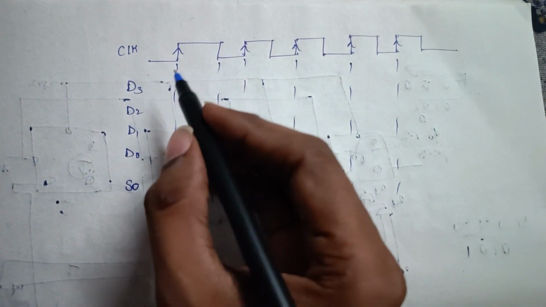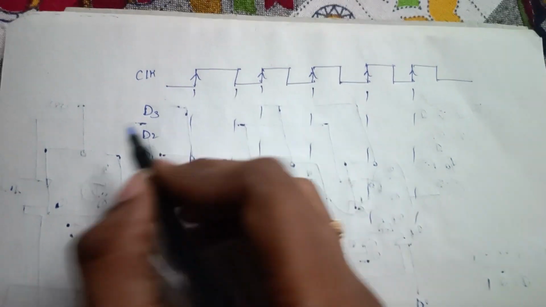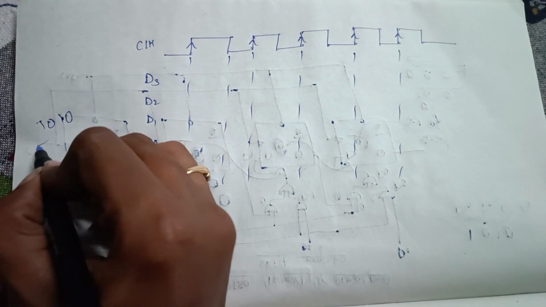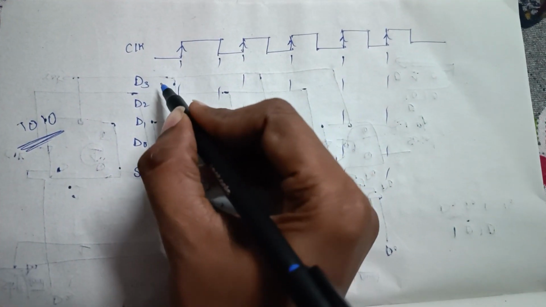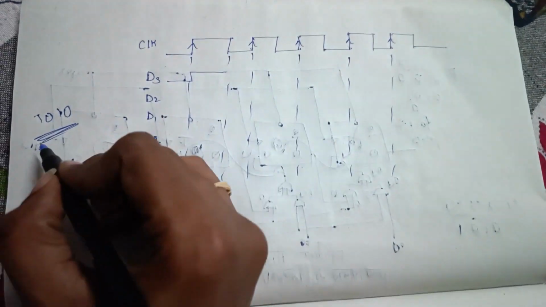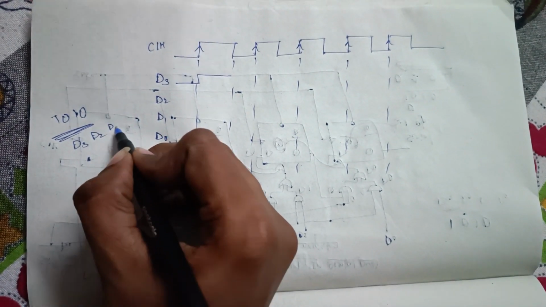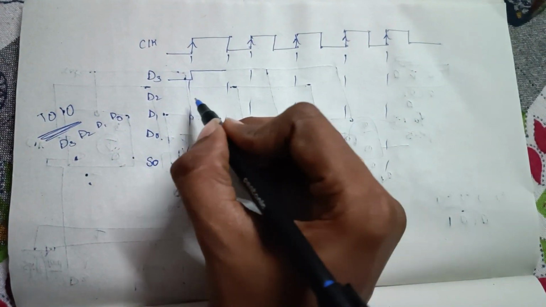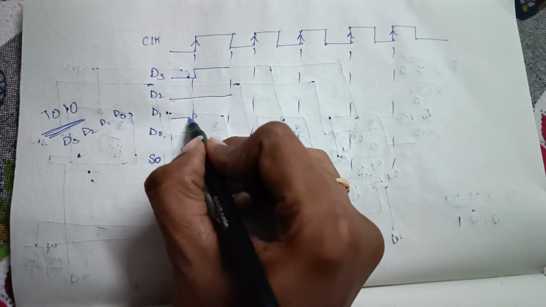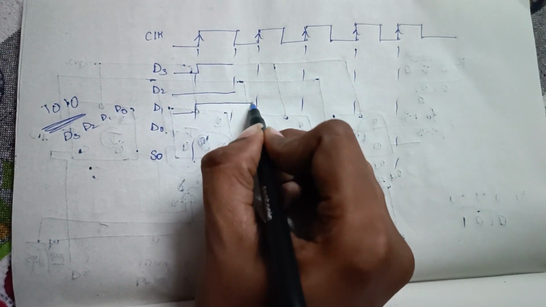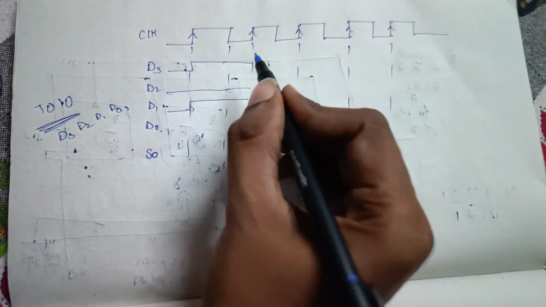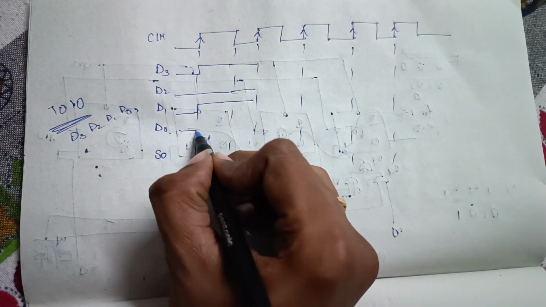Now I want to give 1 0 1 0. So D3 will be 1, as we discussed previously, D3, D2, D1 and D0. D2 is 0, D1 is again 1 until the next positive clock cycle, and D0 is 0.